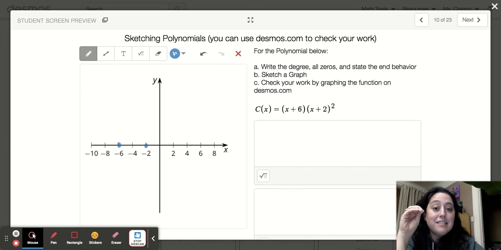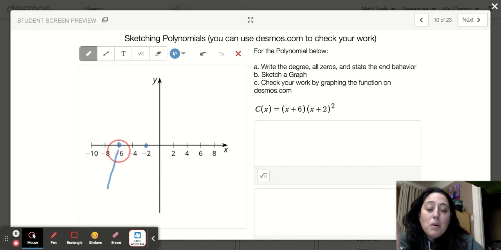Because I've got x times x, but remember, I'm multiplying by another x because this is squared, right? So it should be x times x times x, or x third. And it's positive, so I'm starting down here. I'm going through the -6, and then at -2, remember it's got an even numbered multiplicity. So it's gonna bounce and go the other direction.